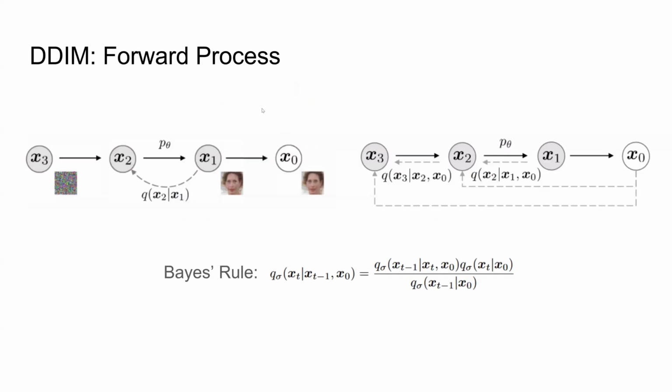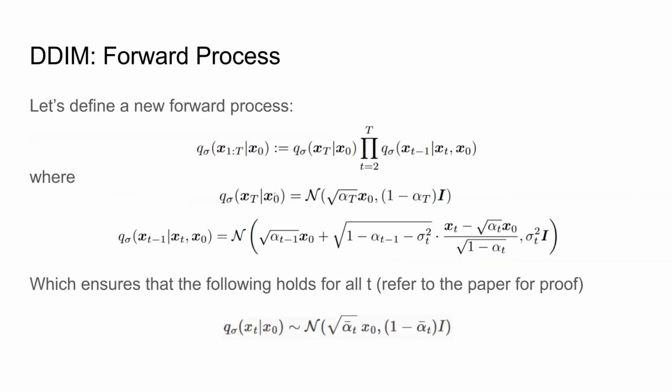So keeping this in mind, we're going to modify the process from the standard DDPM into this format, where we're directly modeling the posterior distribution of the forward process by modeling this term, right? And in the paper, the authors came up with this particular definition of the distributions, such that this property we just said holds for all t's.